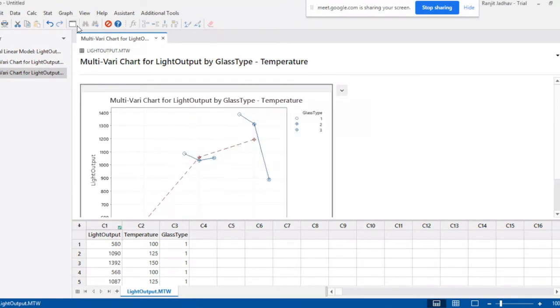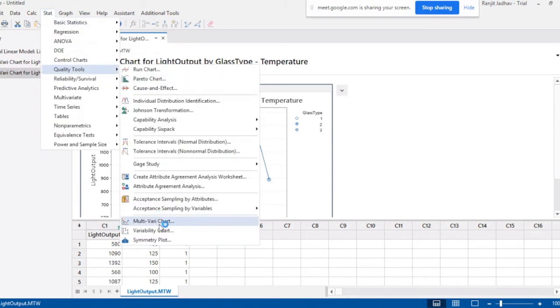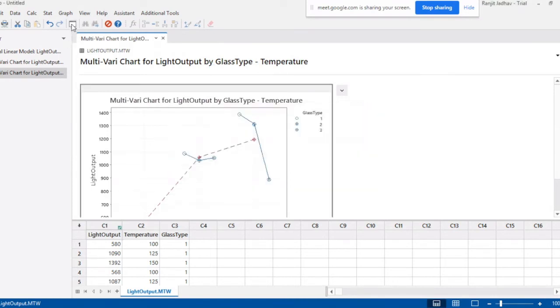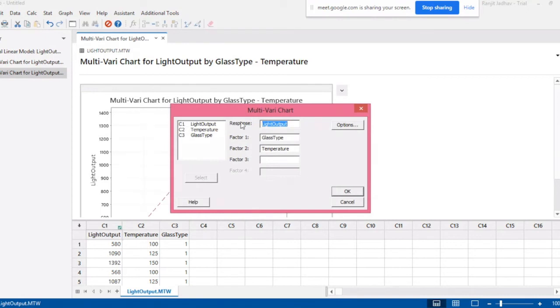This option is for the last edit dialog. Stat, Quality Tools, Multivariate Chart. You can directly go by using this button. Response is light output. First factor is glass type, second is temperature.